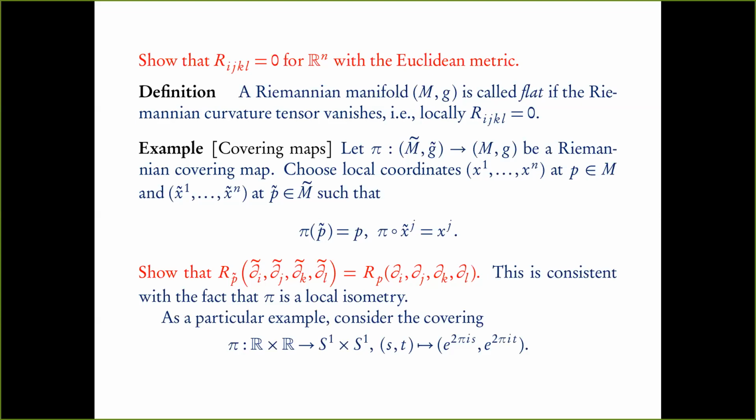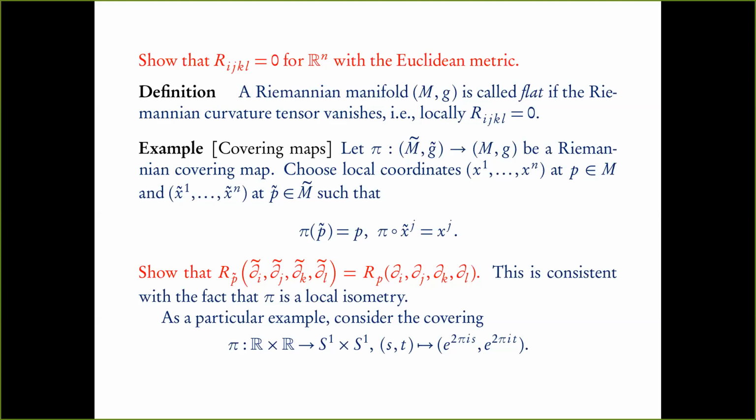I want to talk about a particular example because this is an example all of you have seen in the algebraic topology course. This is the first instance of a non-trivial covering that one sees. The map from R to S1, which we just talked about, sending s to e to the 2 pi i s, is a Riemannian covering.